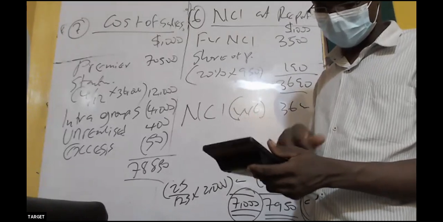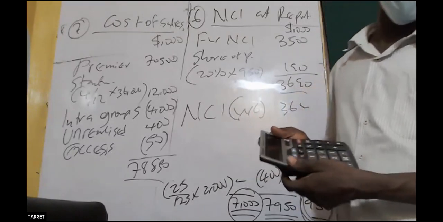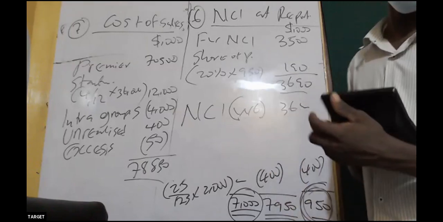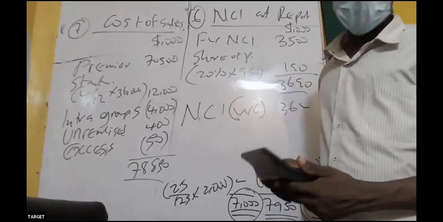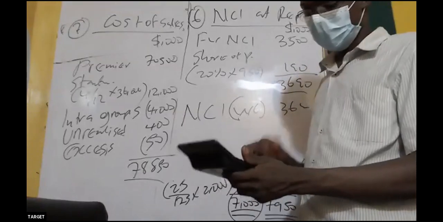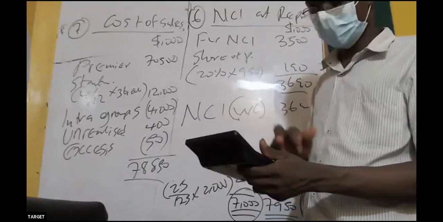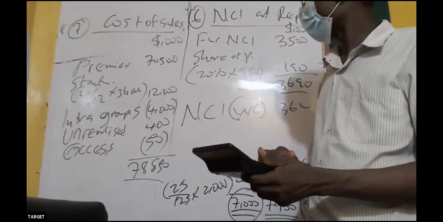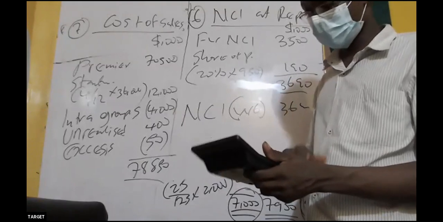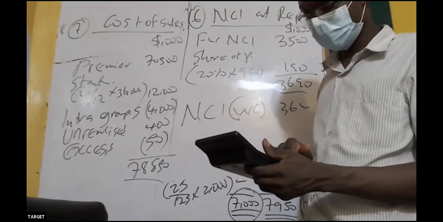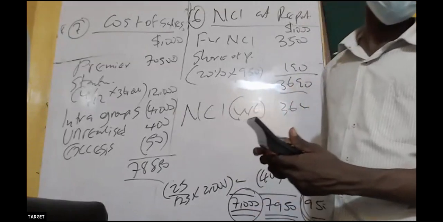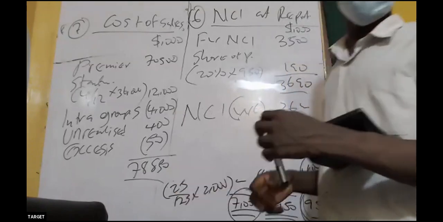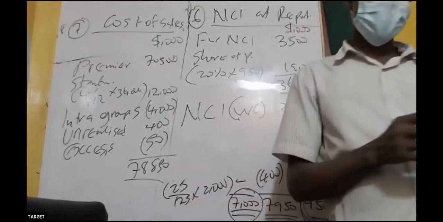Less 50. So 78,850. So that is the answer. Let me do it again. 70,500 plus 12,000 minus 4,000 plus 400 minus 50. Again, 78,850. Okay. So can you put it in? And let's go. You're balancing off.